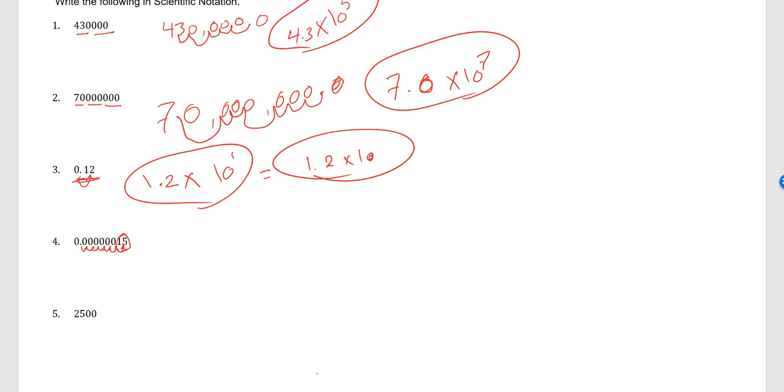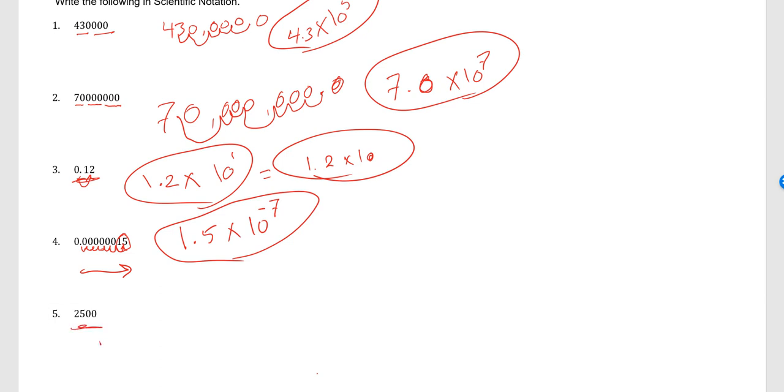No, it has to be 1.5 times 10 to the, well, there were 7 positions, but remember, they went from left to right, so it's going to be negative 7. Okay, so the exponent is going to be negative because there were 7 positions.